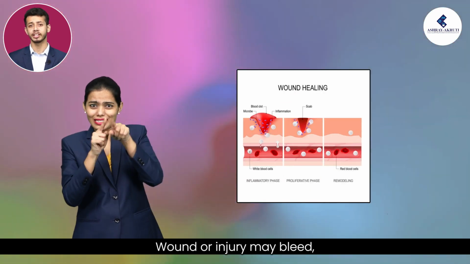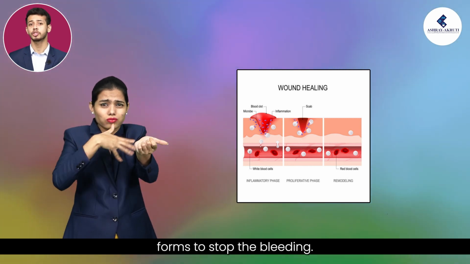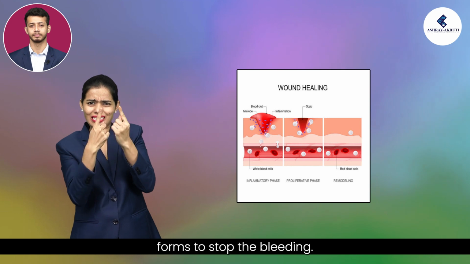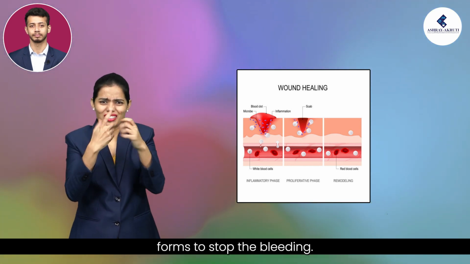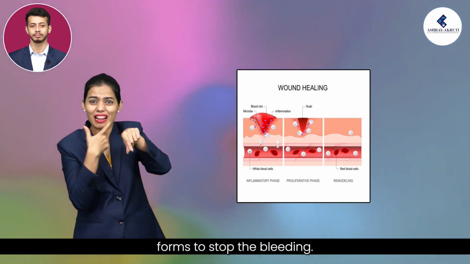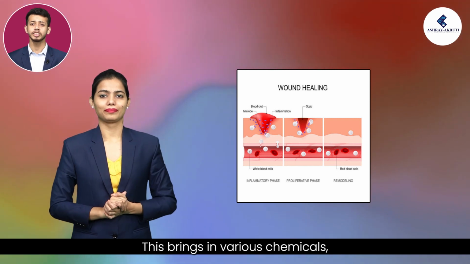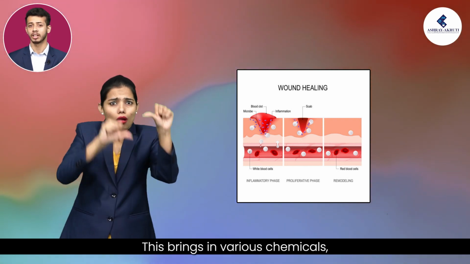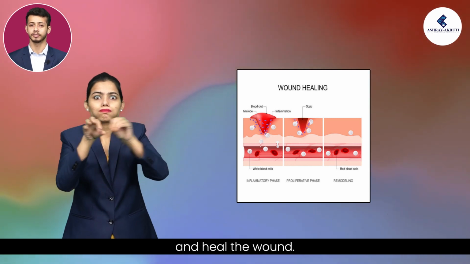Wound or injury may bleed, and soon a blood clot forms to stop bleeding. This brings in various chemicals, stimulating the skin cells to divide and heal the wound.